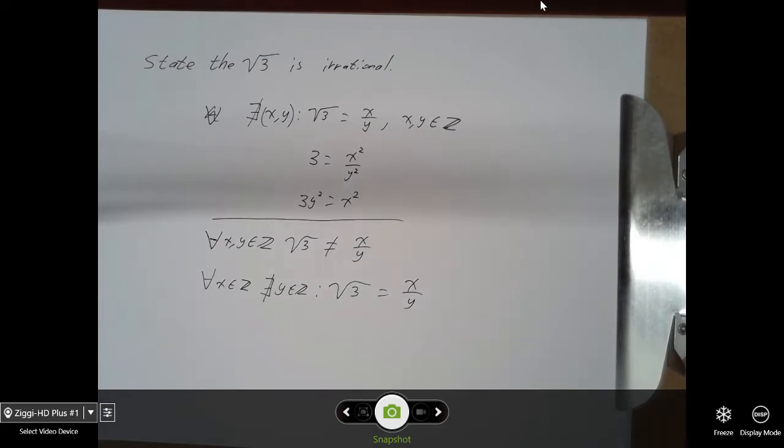So let's see what we had for the homework, 3.1. Question 2, for each of the following propositions, identify simple propositions, express the compound proposition in symbolic form, and determine whether it's true or not. Let's just pick one of these at random.